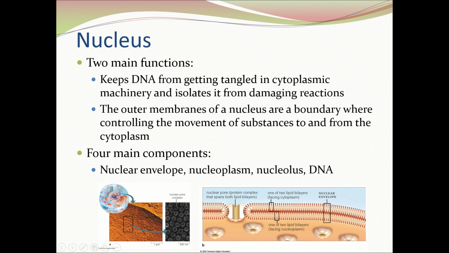The outer membrane of the nucleus is a boundary that controls the movement of the substances to and from the cytoplasm. And remember, the nucleus is attached to the endoplasmic reticulum.